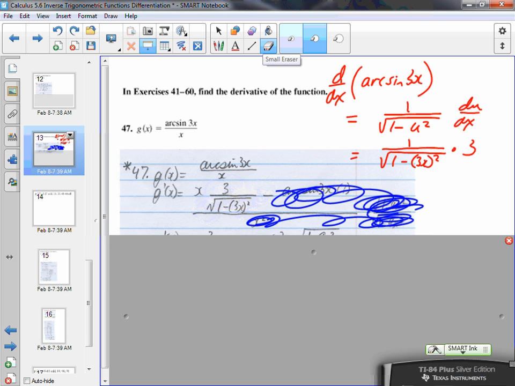So it's 3 over the square root of 1 minus 3x quantity squared. That's the bottom times the derivative of the top. Minus the top, arc sine of 3x, times the derivative of the bottom, the derivative of x is 1.